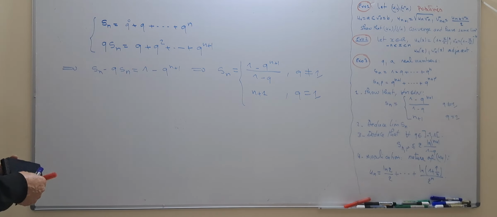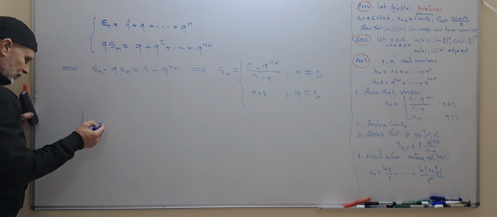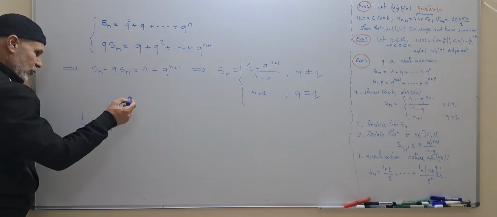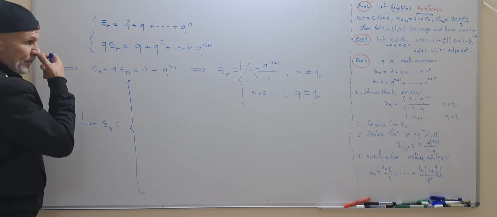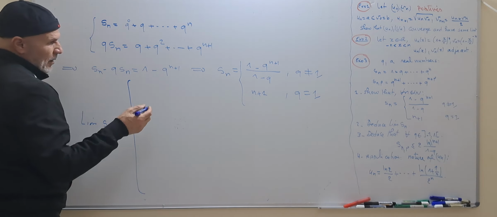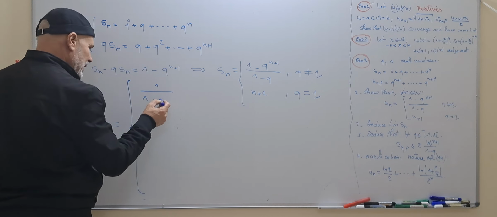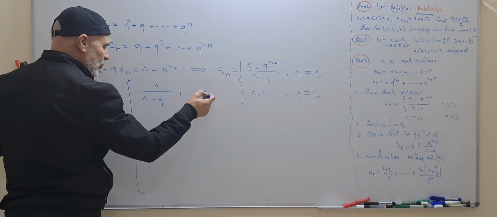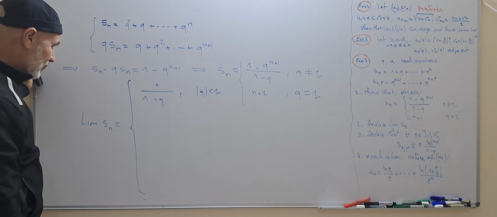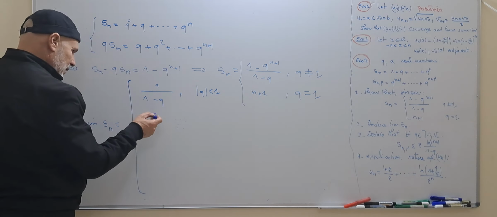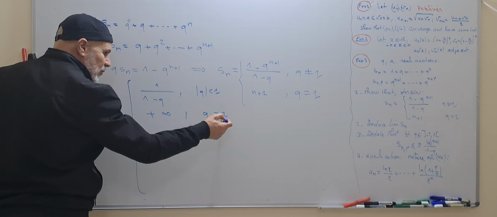We deduce the limit of Sn. The limit of Sn is equal to 1 divided by 1 minus q if |q| is strictly less than 1. It is equal to plus infinity if q is equal to 1.